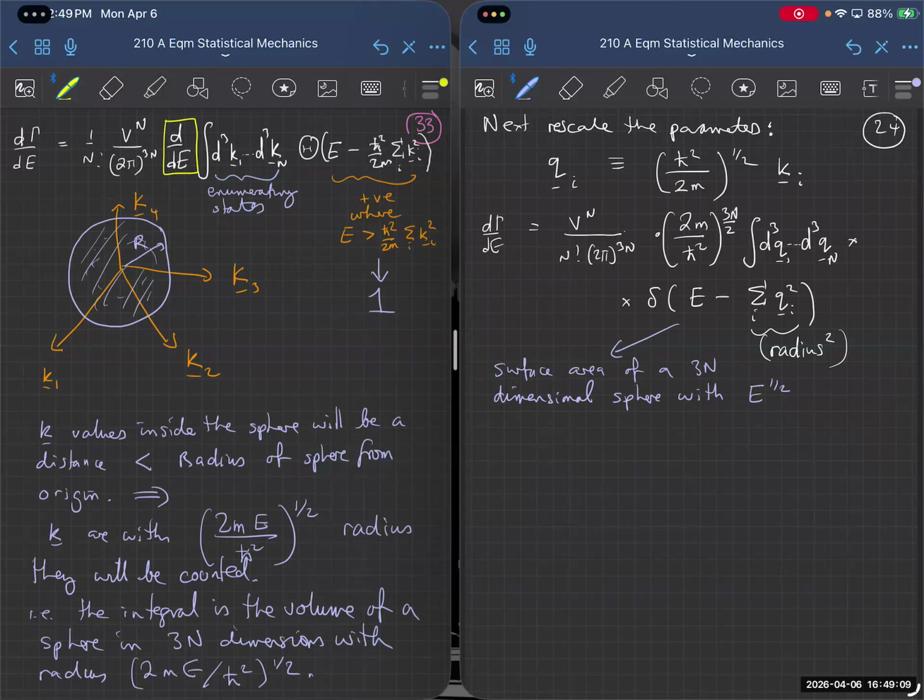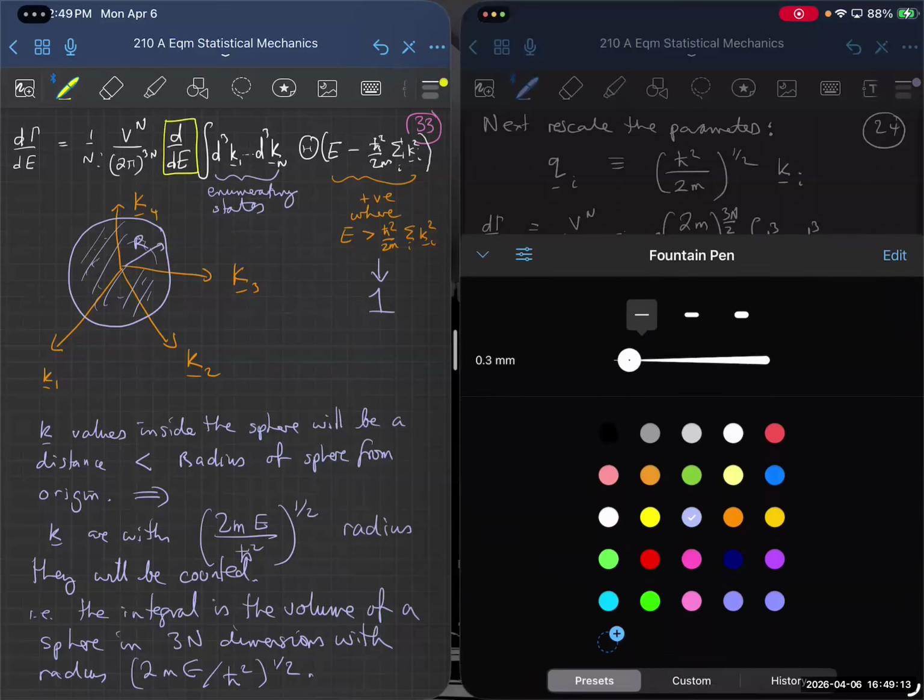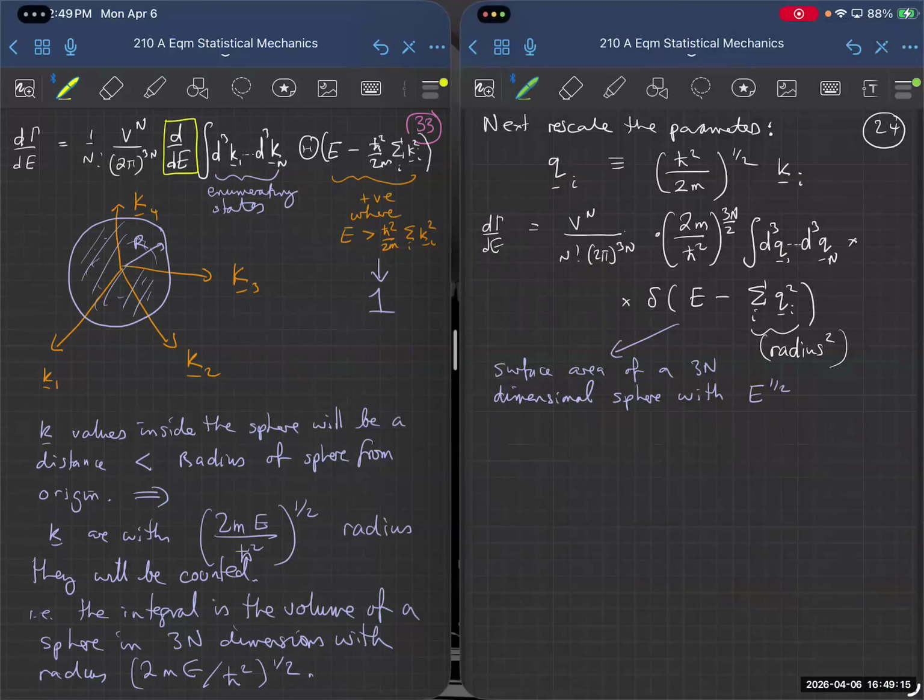Okay, so now the only thing we have to do is just do this integral. So I'm going to do this integral, but I'm now going to do it in polar coordinates. Okay, so let's have a look and see how to do this integral. So I'm going to write this integral d3q1 up to d3qn. So if you think about it, I've got a vector which is like this.